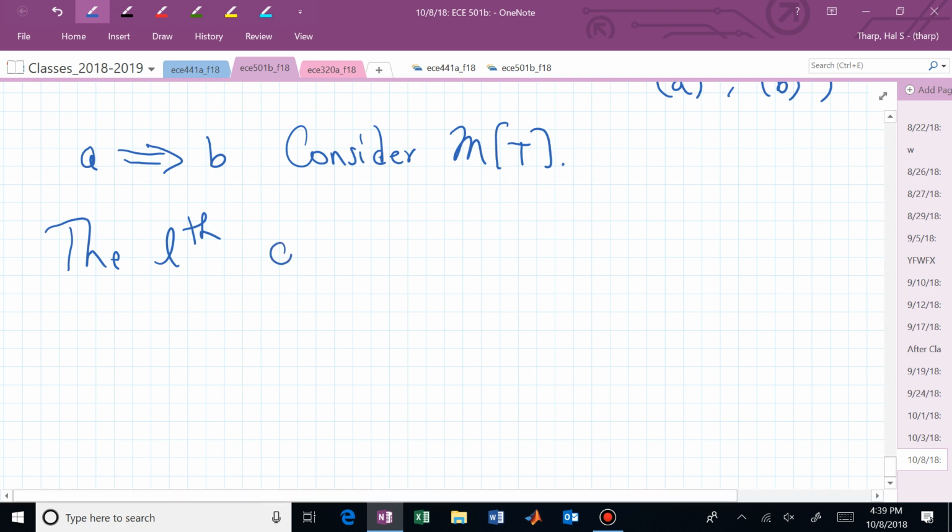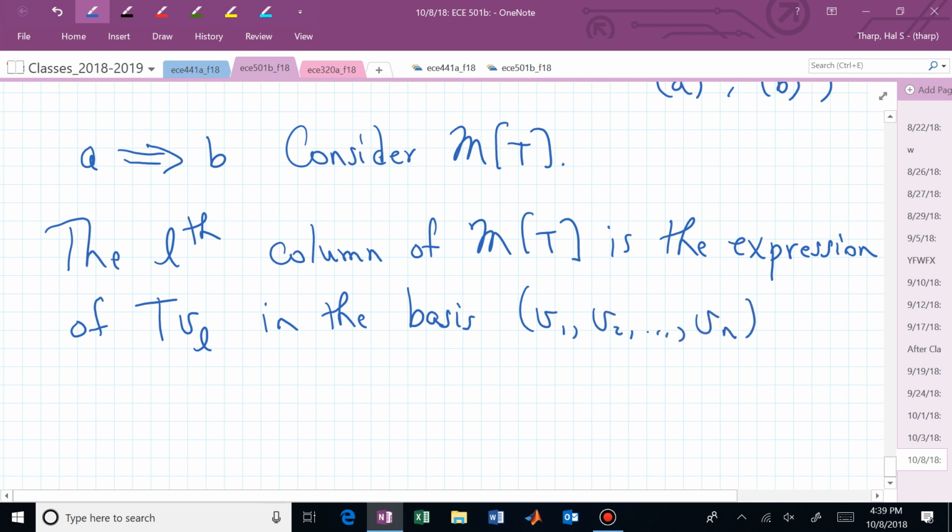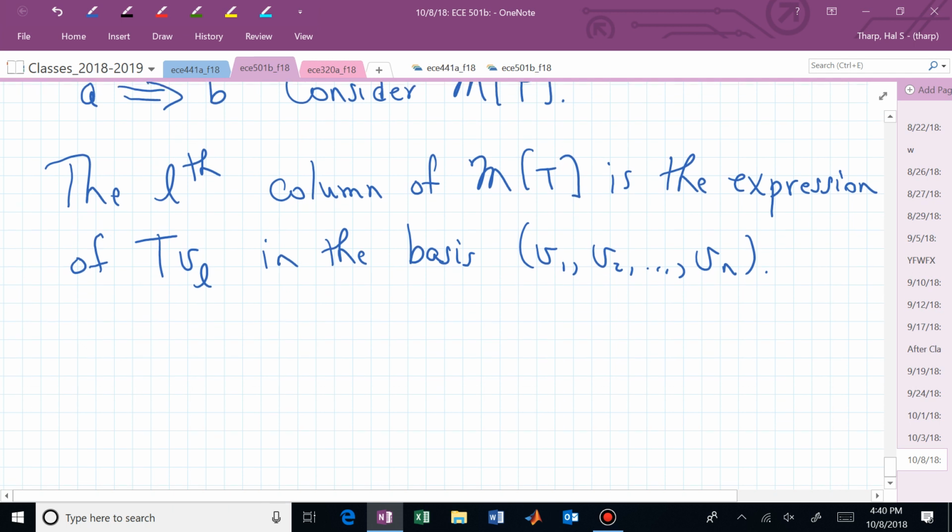The nth column of the matrix representation of T is the expression of T V sub L in terms of the basis vectors V1, V2, V sub n. That's the definition of the matrix representation.